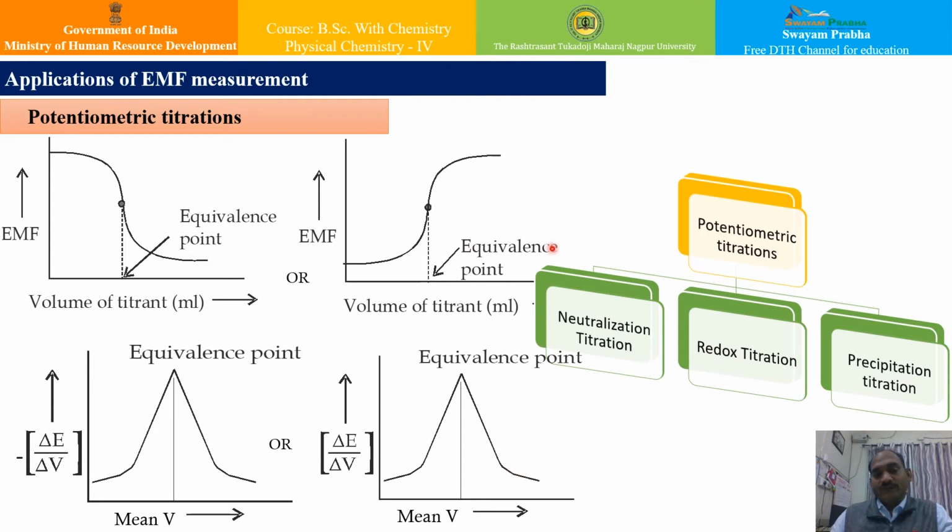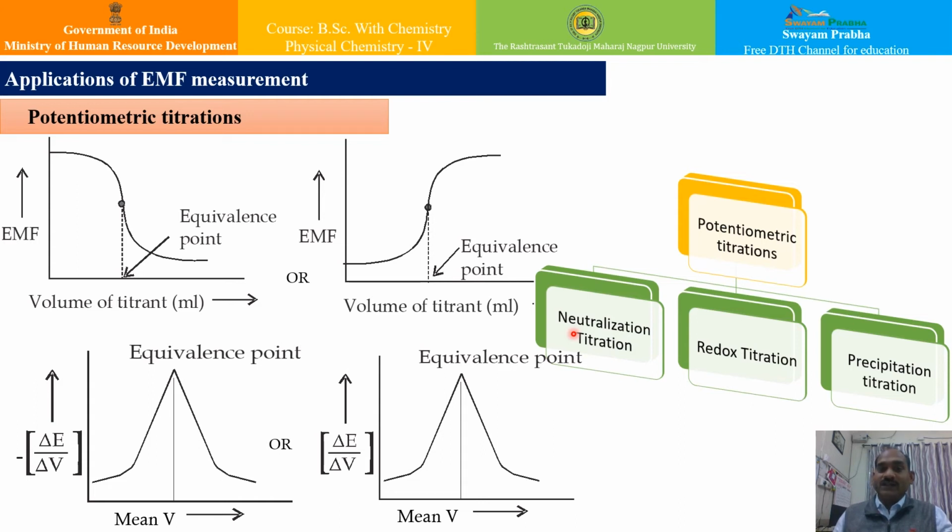Now, if we can construct a cell combining this electrode with a reference electrode, I can find out the EMF of the cell, and this EMF will change along with the change in concentration. The electrode whose EMF changes with the concentration of the ion is called an indicator electrode, as we have seen.